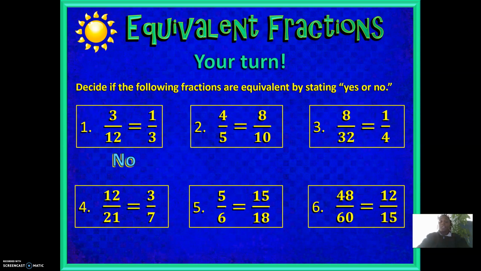But if I divide 12 by 3, I'll get 4. Good job. For number 2, you should have gotten yes, they are equivalent because if I multiply 4 times 2, I'll get 8, and 5 times 2 is 10.